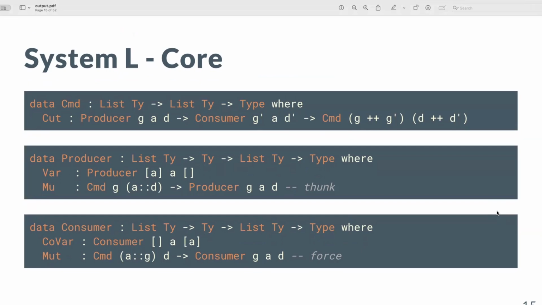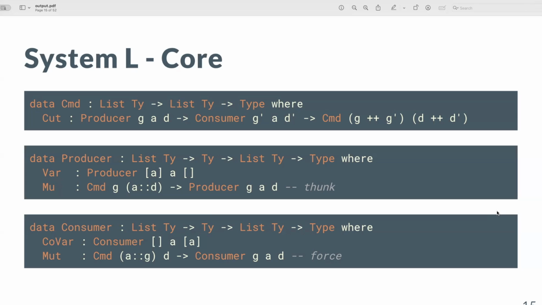So we have three mutually defined judgments. We have our cut, which takes a producer, two contexts, and distinguished type A, and a consumer with distinguished type B, and then concatenates contexts. And importantly, the typing signatures of producers and consumers look the same, but this type here is actually a distinguished output, and this type of consumers is a distinguished input.